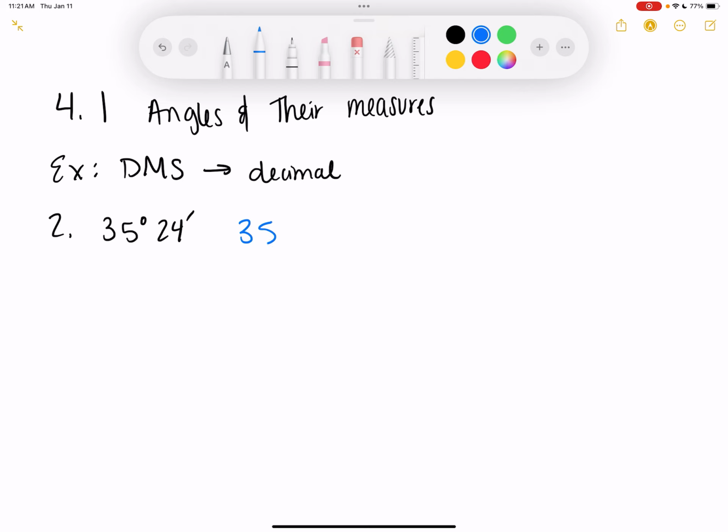So 35 degrees plus, then we take the minutes and we do that divided by 60. And that's going to be degrees, and then whatever that number is, it should give us one decimal place. 0.4. So 35.4 degrees.